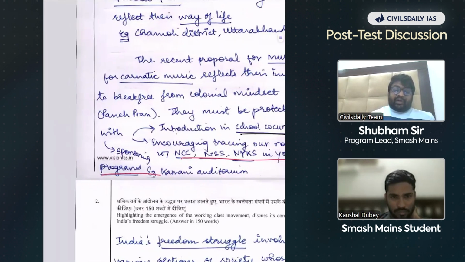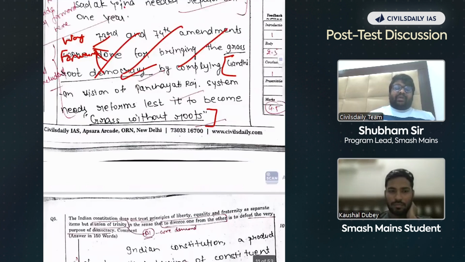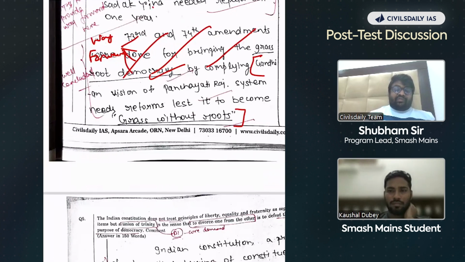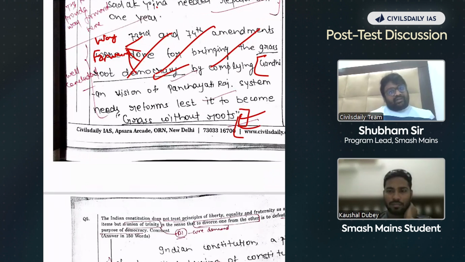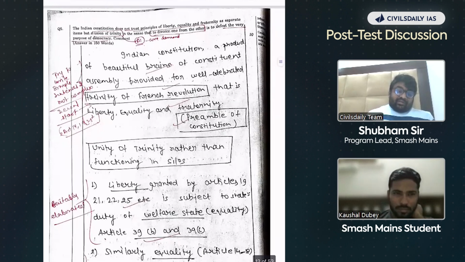They must be protected, and she has given way forwards. Yes, similarly, you could have done: to prevent PRIs from becoming grass without roots. Yeah, then we could have given way forwards. It is also the way. Then coming to the next, Indian constitutional liberty, equality, fraternity.